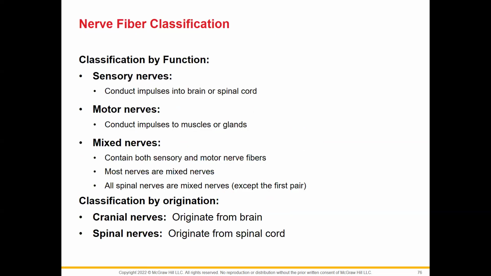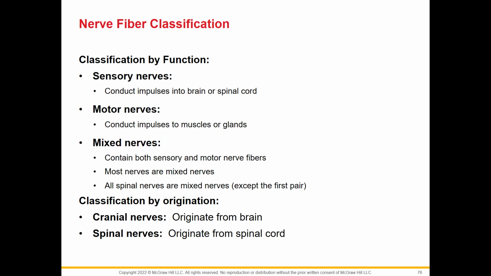Nerve fiber classifications. This should just be review. So your spinal nerves, you have nerves that are classified by function and nerves classified by origin, where it originated from. Classifications by function: is it sensory, is it motor, or is it mixed?